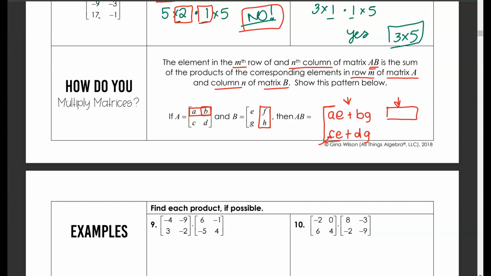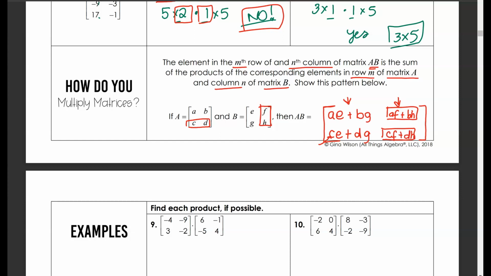So it's going to be A times F plus B times H. Now, how do we calculate this one right here? Well, that would be this row times this column. So it'd be C times F plus D times H.